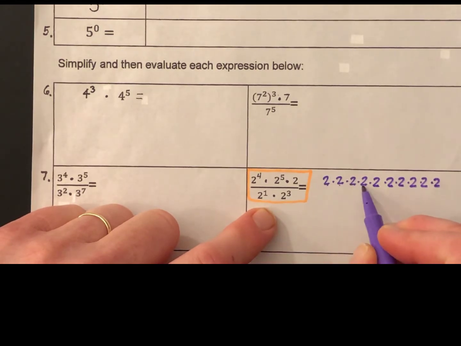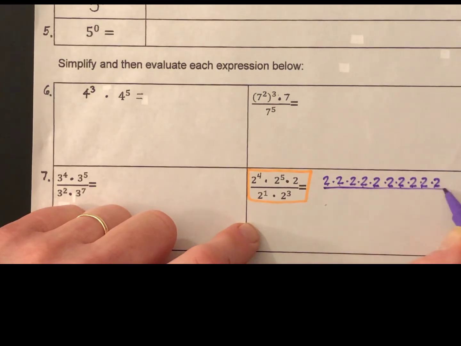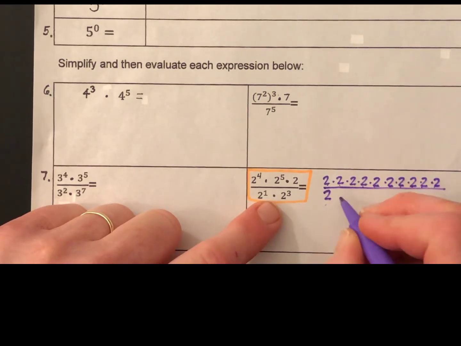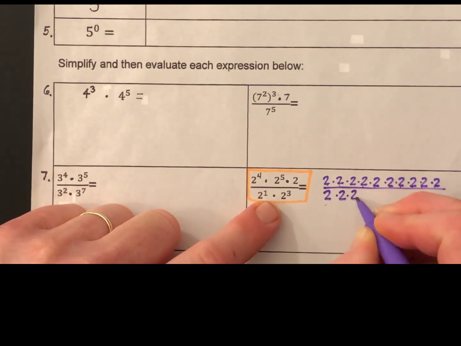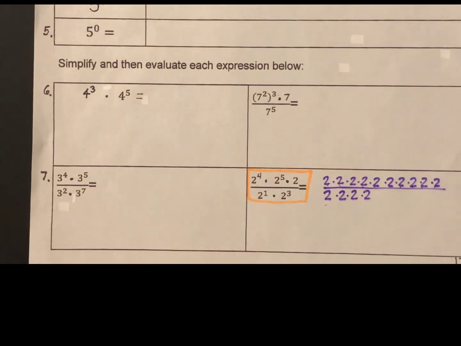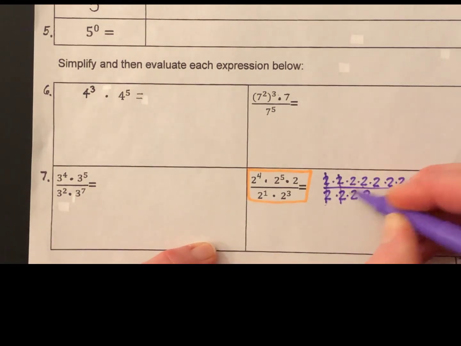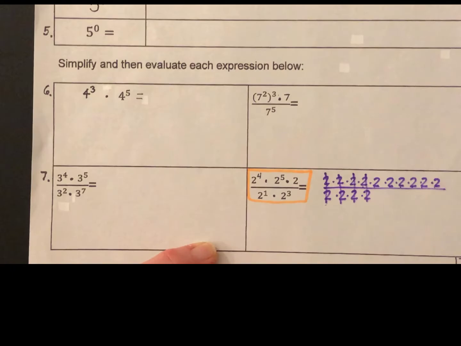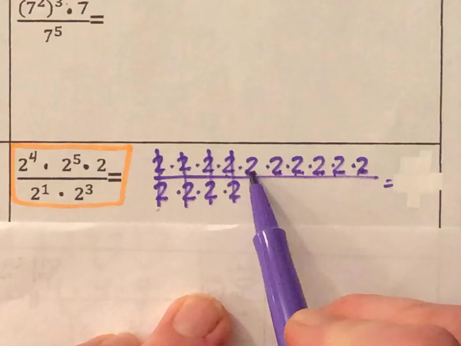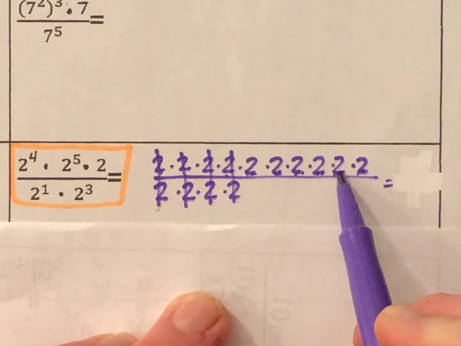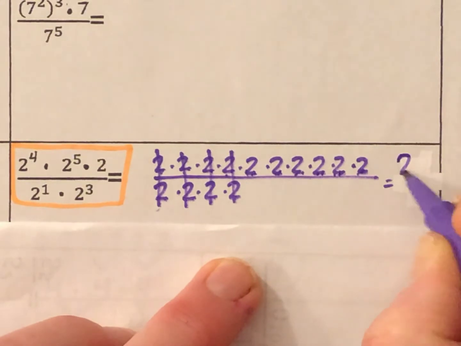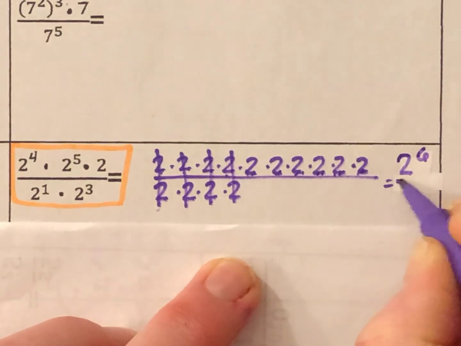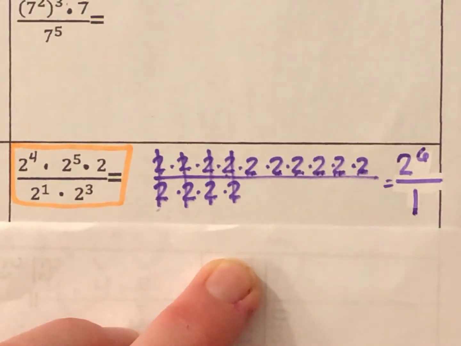Over 2 to the first power times 2 to the third power. So I just cancel out my likes. So it'll be 2 to the 6th power over 1.